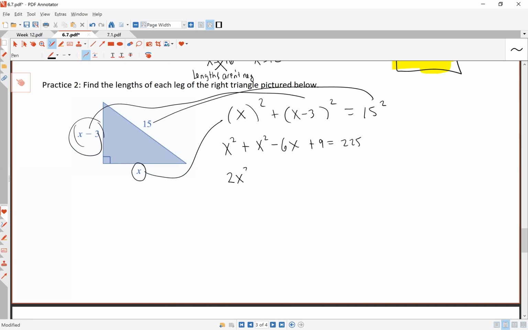X squared plus x squared is 2x squared minus 6x plus 9 minus 225 is negative 216. Now everything is divisible by 2.